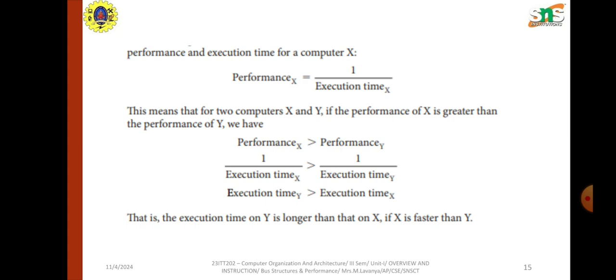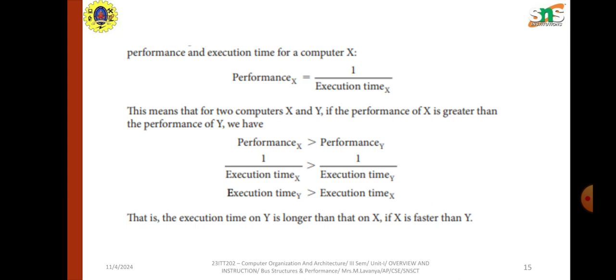And if we consider two computers X and Y, where X has greater performance than Y, then the equation can be represented as performance of X is greater than performance of Y, where we have already seen performance is inversely proportional to the execution time.